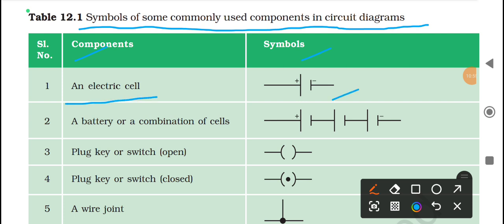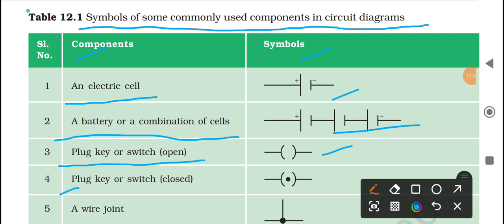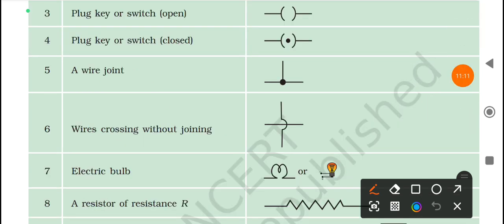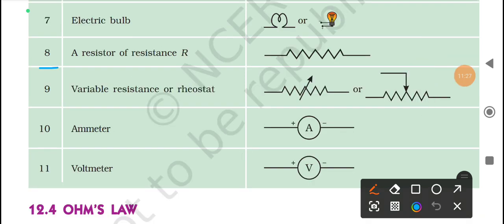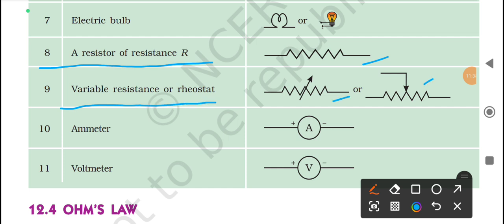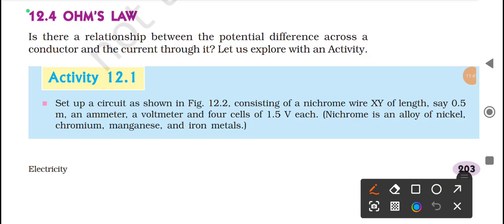Component symbols: an electric cell, a battery or a combination of cells, plug key or switch open, plug key or switch closed, a wire joint, wire crossing without joining, electric bulb, a resistor of resistance R, variable resistance or rheostat, ammeter, voltmeter.